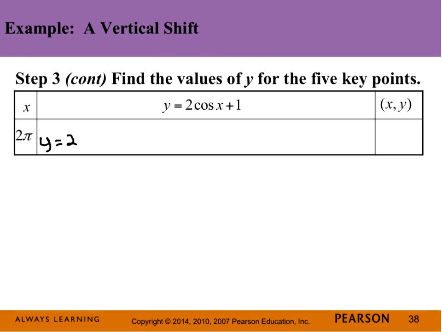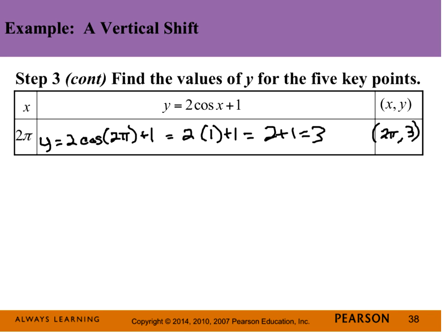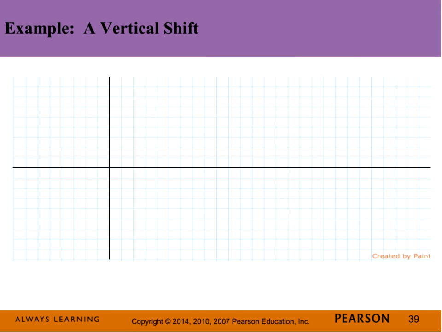Okay, so y equals 2 times the cosine of 2 pi plus 1. That is 2 times, the cosine of 2 pi is 1. That's 2 plus 1, or 3. So we have the point 2 pi, 3. Going to put it on the graph.